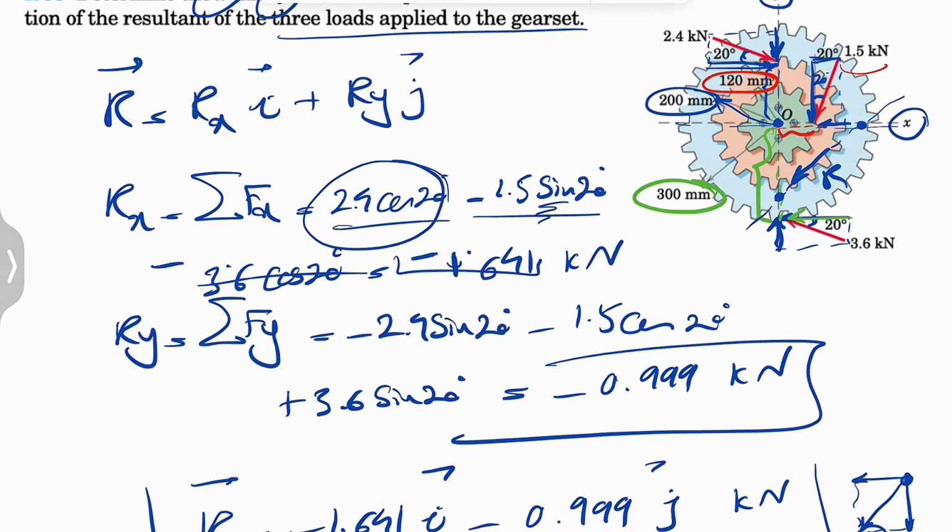For doing that, we have to resolve our R into these two components. Let's start with the x-intercept first. The x component of R won't make any moment, but the y component of R is going to make a clockwise moment, which is what we were trying to figure out.